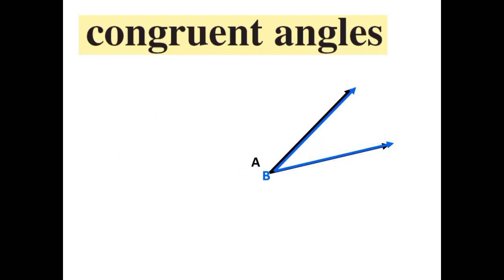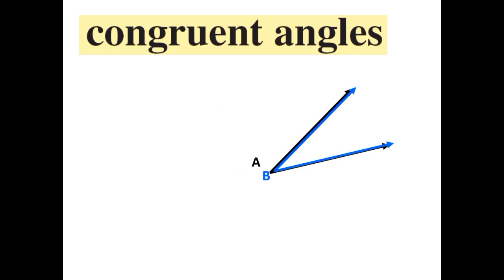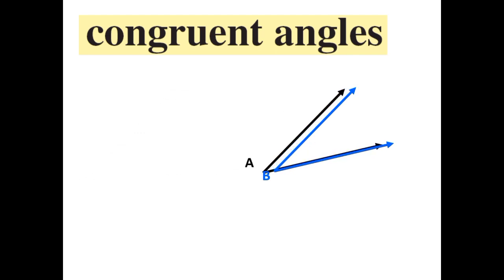So, congruent angles. When we talk about congruent angles, given angle A and angle B, they are congruent if both measurements of angle A and angle B are the same.